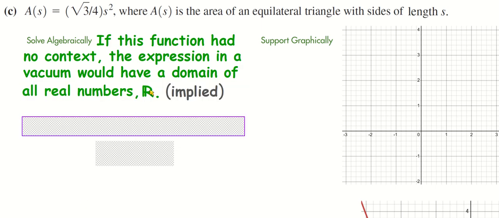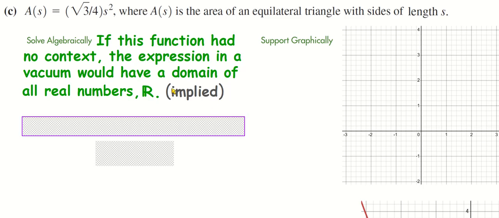And that is the symbol for all real numbers. It's like fancy shorthand for all real numbers. You could also say in interval notation, parenthesis, negative infinity, comma, positive infinity, parenthesis, and that would be another way to write the set of all real numbers.